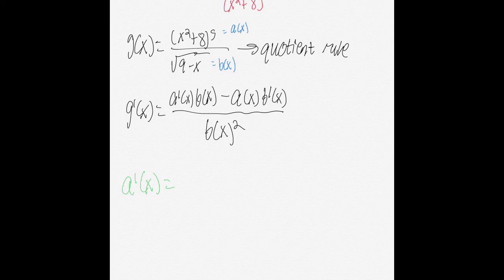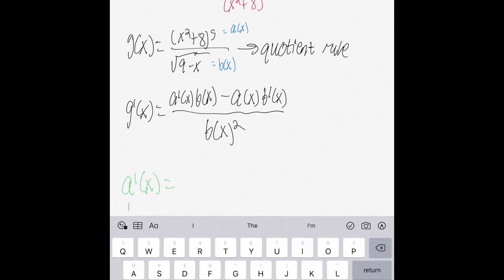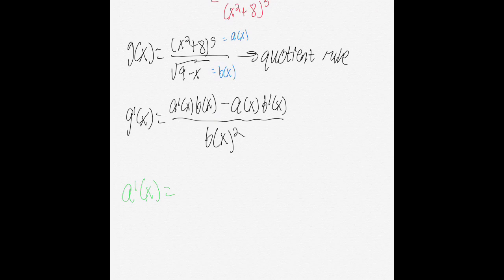So a prime of x, okay, I'm going to skip a little bit of the chain rule, writing everything out explicitly here, but let's talk through it. So I have this function x squared plus 8 to the 5th. To take its derivative, I apply the power rule first.